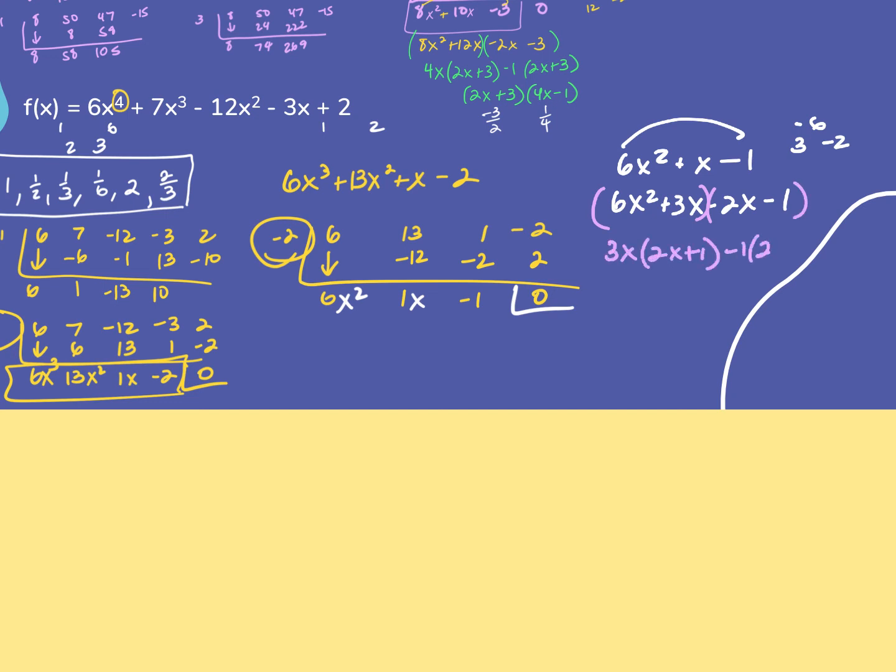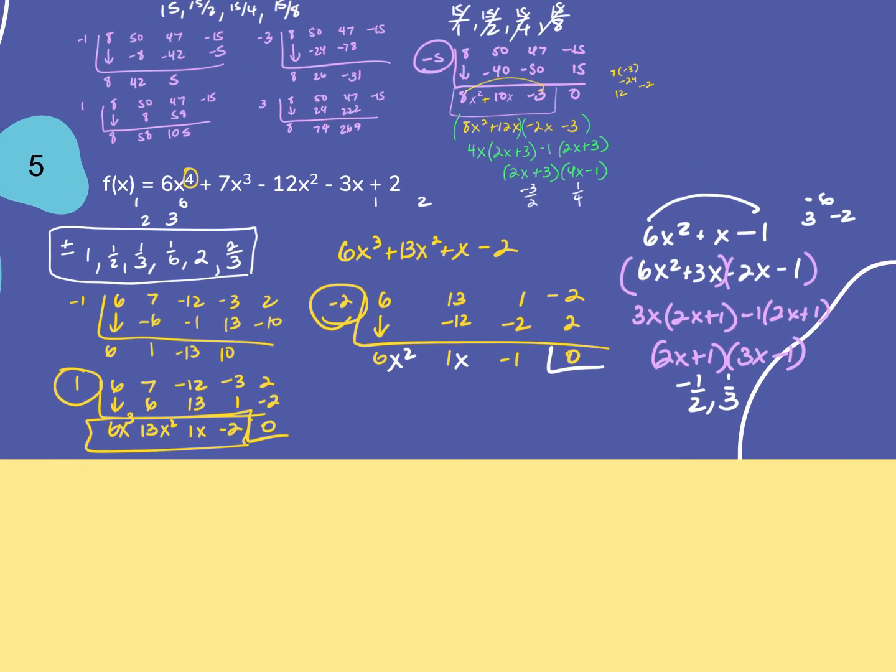Take out a -1, 2x plus 1, and 3x minus 1 means my remaining factors are -1/2 and +1/3. If it's cubed, you got to keep going. I don't think it's squared. So I found 1, -2, -1/2, and +1/3.